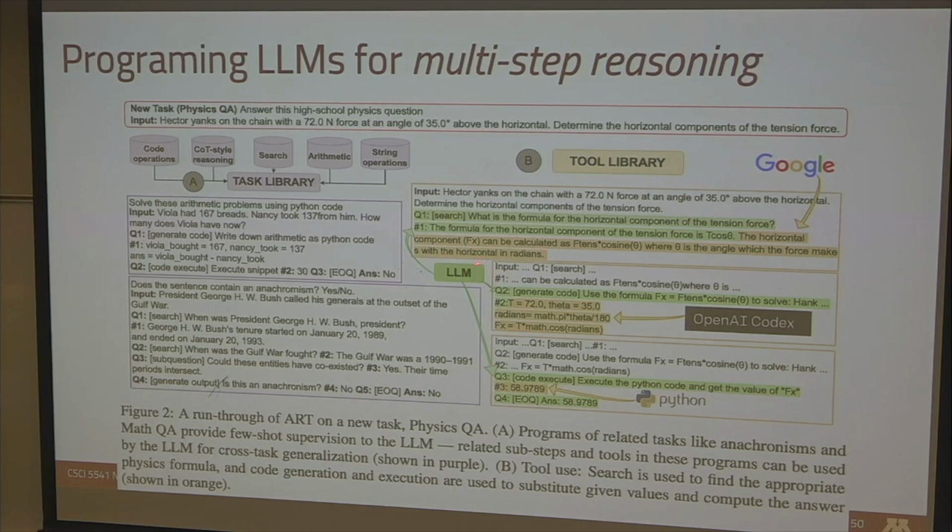It retrieves the formula, and then it reasons that it needs to generate code to compute this formula. So the code is generated, and now it reasons that it needs to execute this code. So the code is executed, and the answer is returned with this EOQ symbol, signifying the finish of the reasoning.